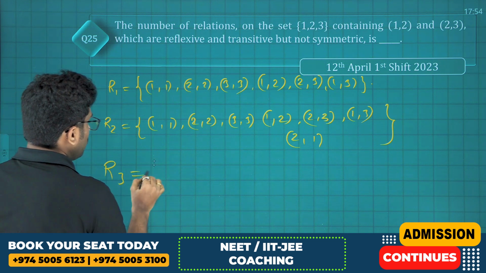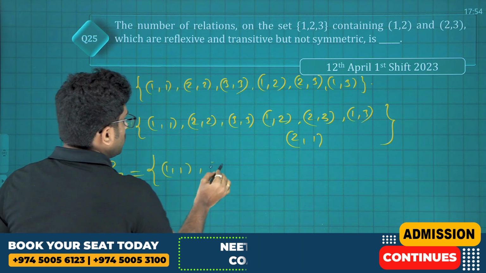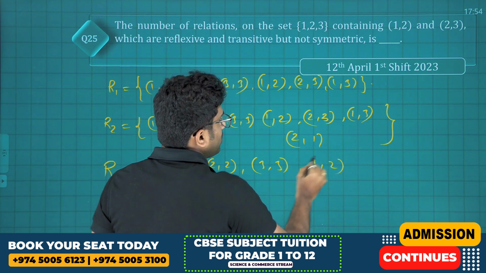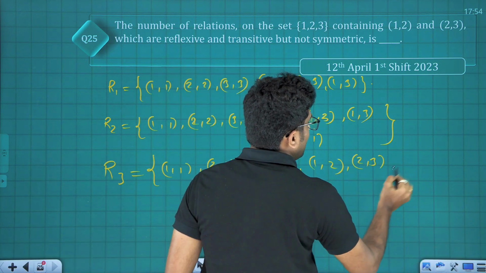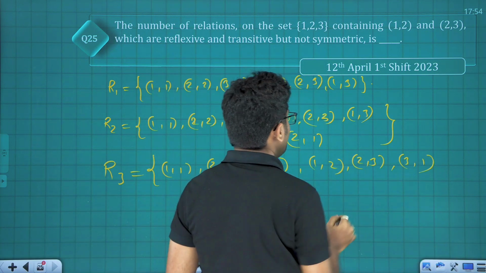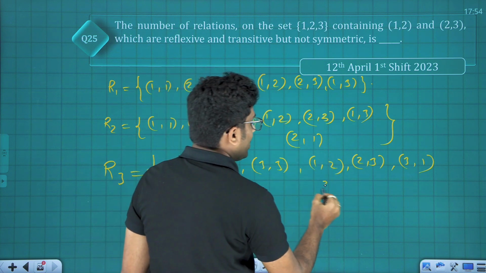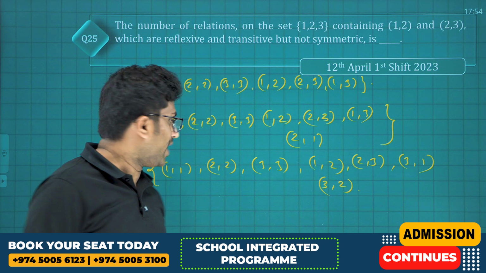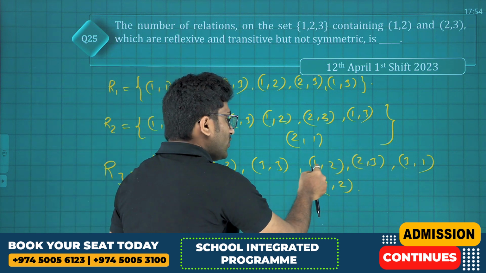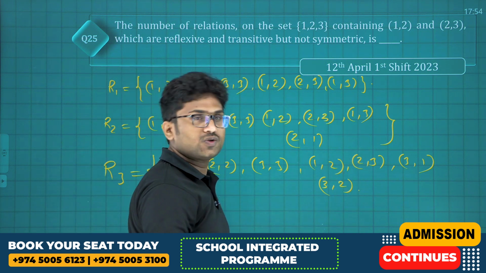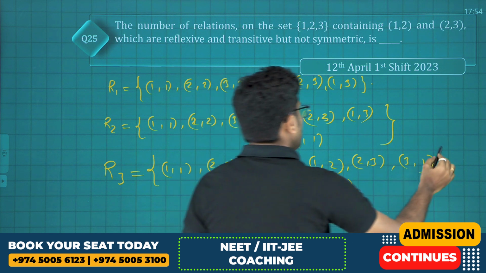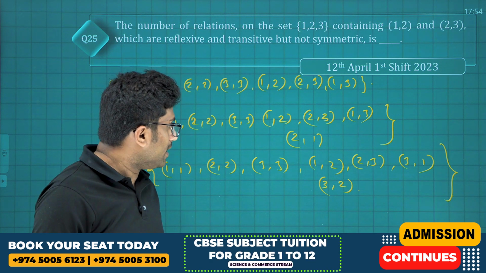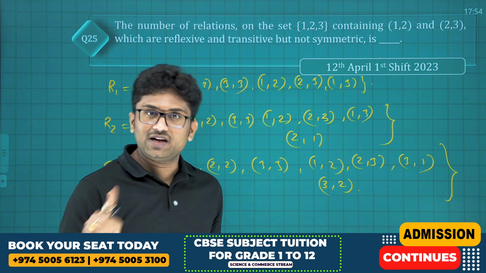R3, I can form one more: (1, 1), (2, 2), (3, 3), (1, 2), (2, 3), (1, 3) are there, and now I remove (2, 1) and add (3, 2). For (1, 2) there is no (2, 1), so it won't be symmetric, and it will be transitive and reflexive also.